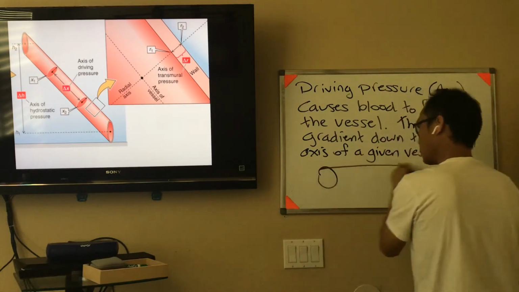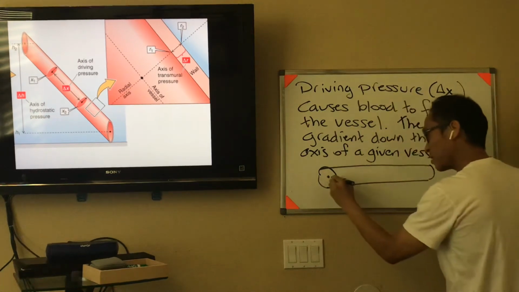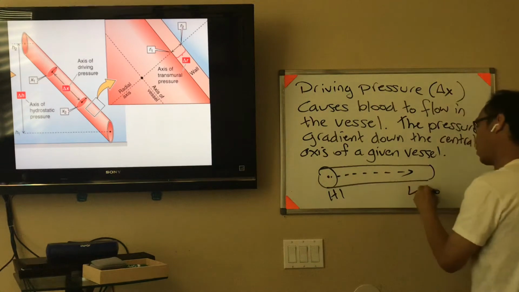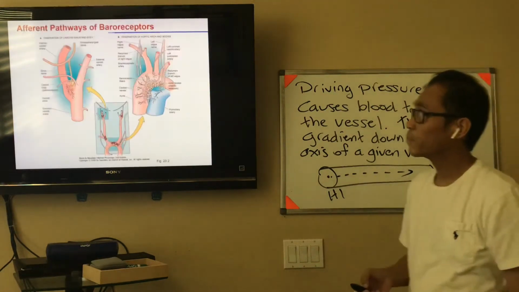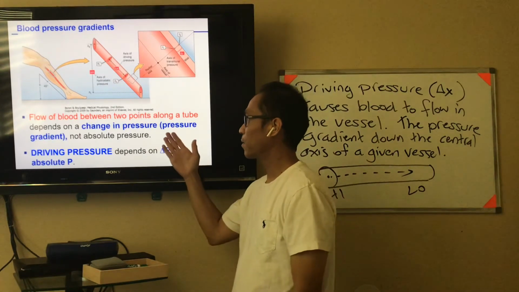Here's my given vessel. I'm going to draw mine in the horizontal plane, and it's that central axis right down there from high to low, okay? That's what I say here.